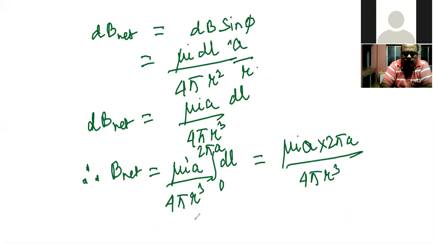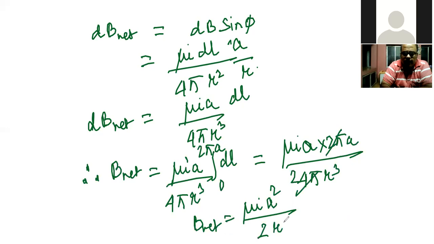So this is equal to your B net. That is equal to mu I a square 2 pi, and this will get cancelled, this is 2 divided by r cube. And children, what is r? r is equal to a square plus x square whole to the power half.